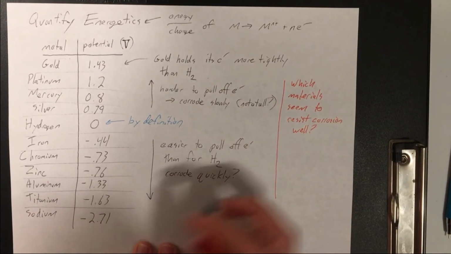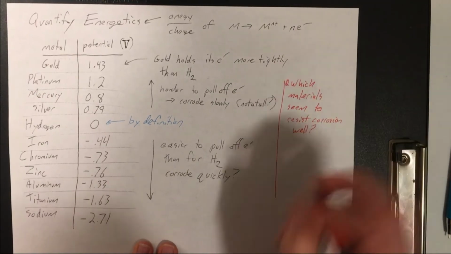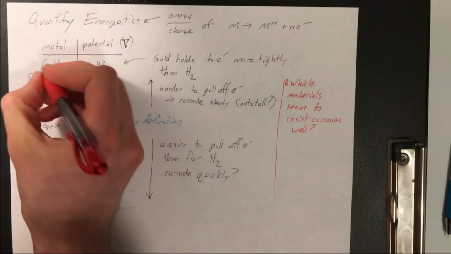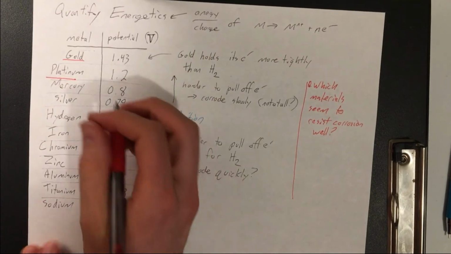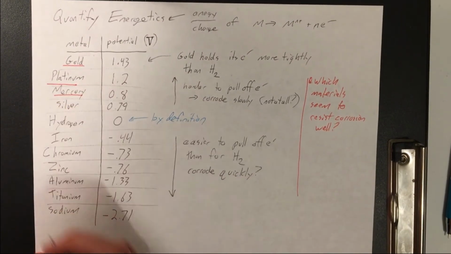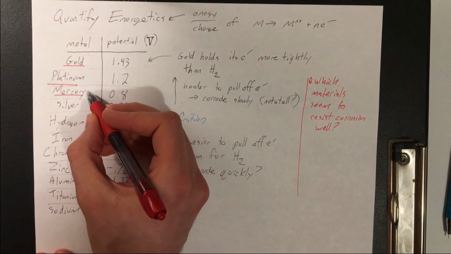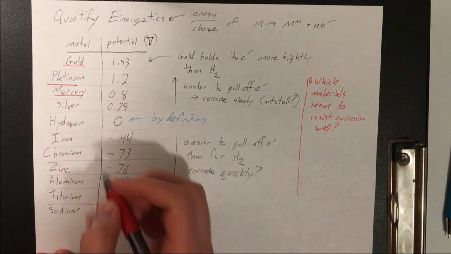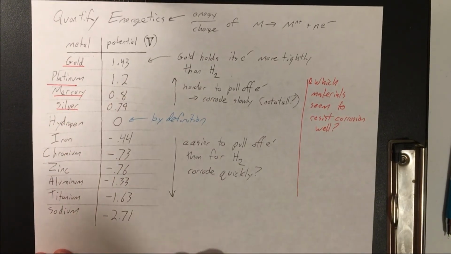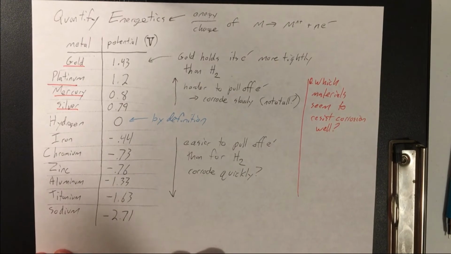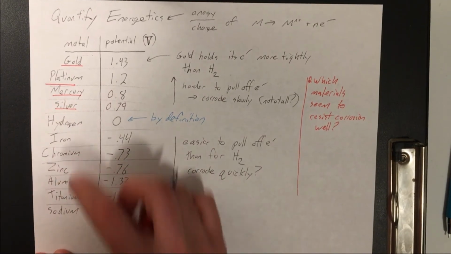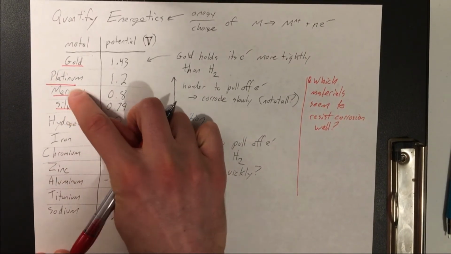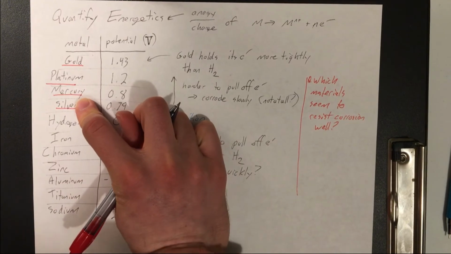Which materials seem to resist corrosion well? Well, definitely gold and platinum. Mercury, we've certainly noticed. Mercury is actually used in dental fillings. We might have noticed that silver, if you have silver plated things or things like that, silver can definitely resist corrosion well, particularly when it's combined with mercury.